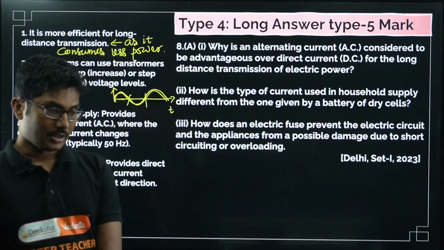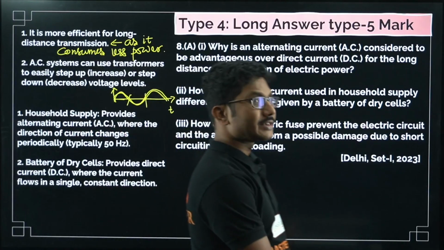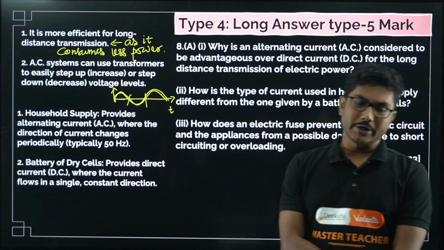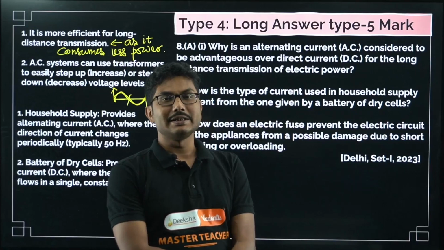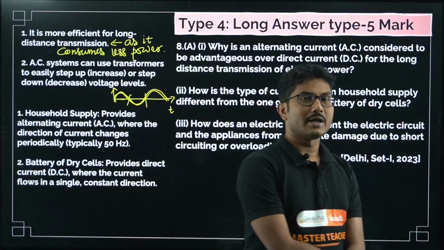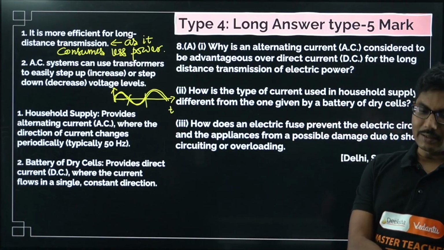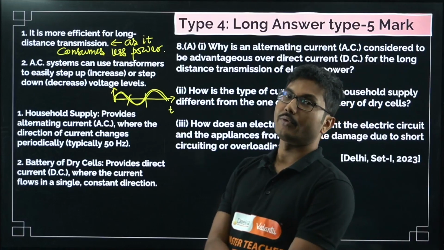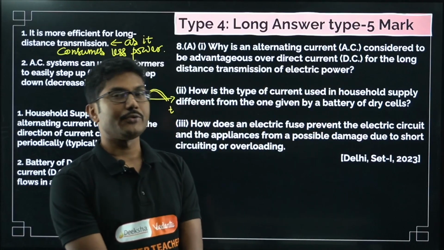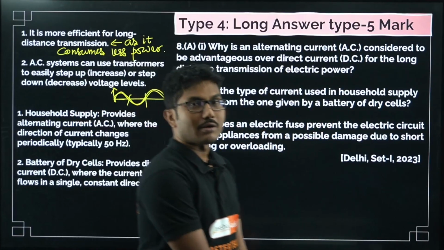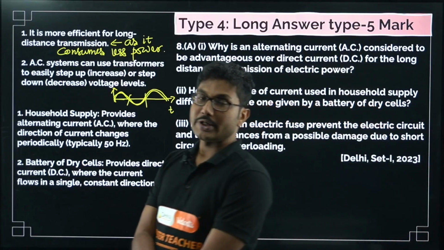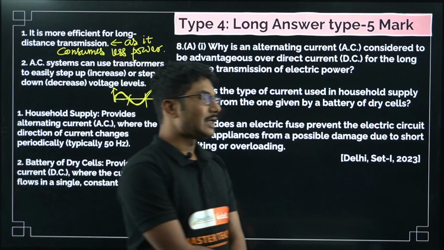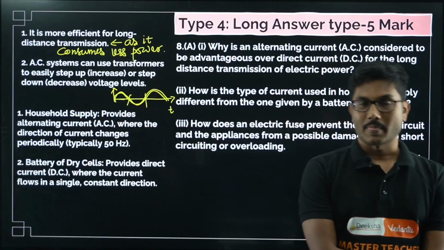DC is constant. Now there are some devices which can operate on AC or DC. Some devices require DC only to operate, but we can convert AC to DC. For example, your mobile phone or your laptop from where you are watching this video, they work on DC current. So what is the role of the charger? Charger basically converts the AC into DC. That's it.